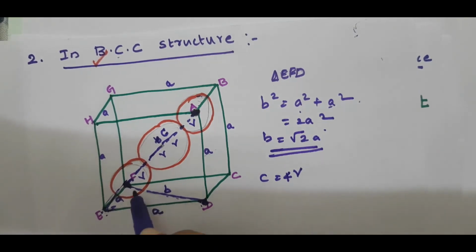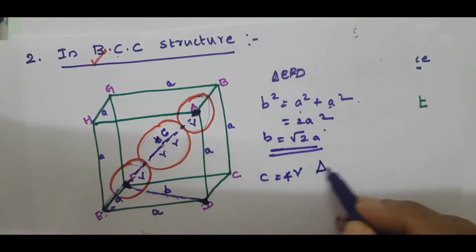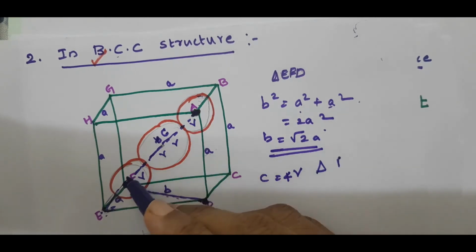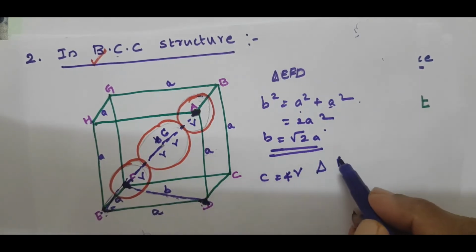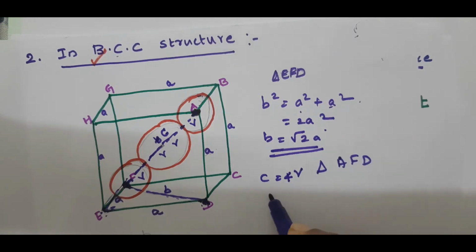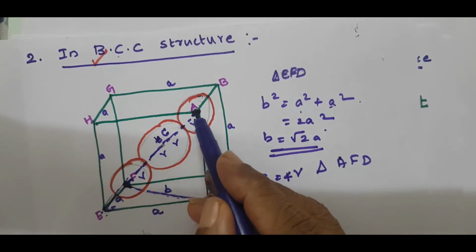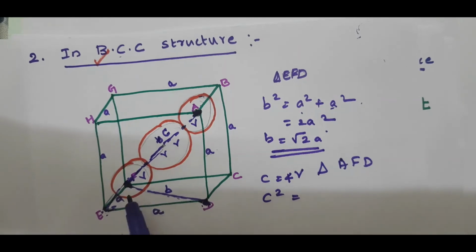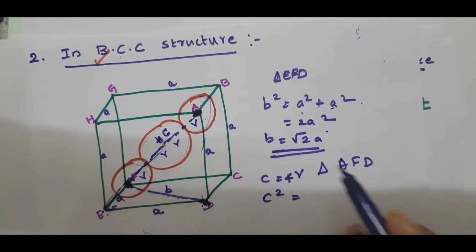And what about the C in this triangle? In the triangle AFD, I can write C square is equal to A square plus B square, isn't it?